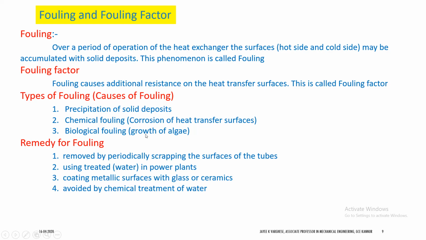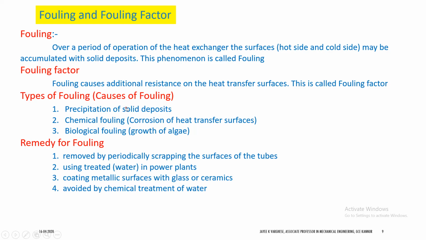The third type is biological fouling, due to biological reasons like growth of algae in water, especially at high temperature. This is also a deposit. Whatever the type of deposit, all of them cause an increase in resistance, because normally a fresh surface will have only convection, conduction, convection.